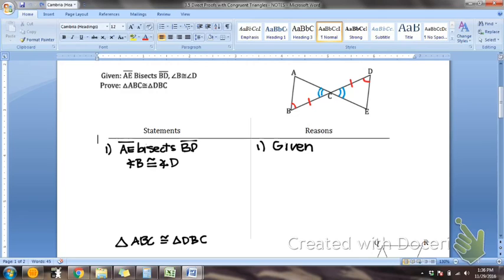Okay? You're allowed to mark them. But here's the rule when we're doing proofs. If you mark it in the diagram, you have to write it in the proof. So let's make life a little bit easier, guys. Let's put this as angle 1 and this is angle 2. So let's call our vertical angles angle 1 and angle 2. So step number 2, angle 1 is congruent to angle 2.